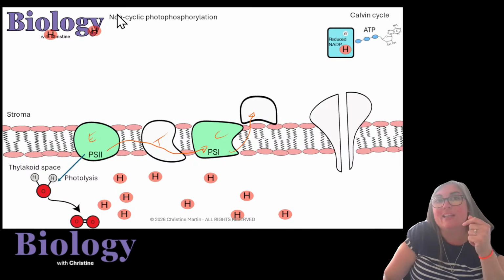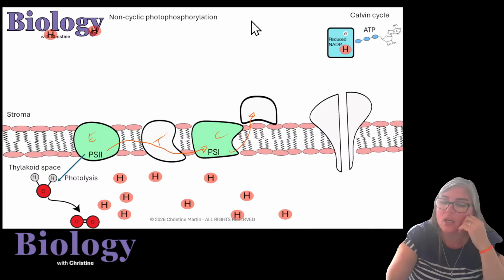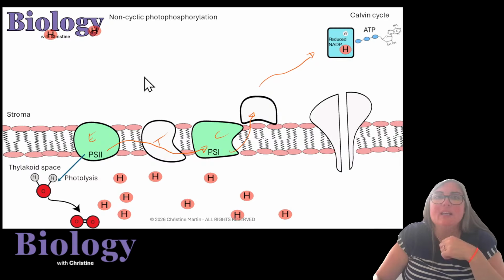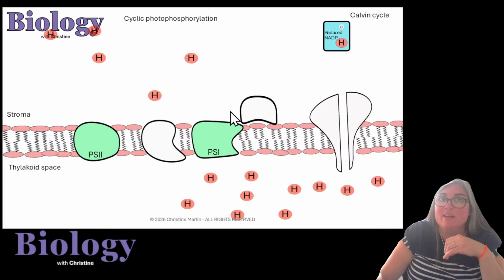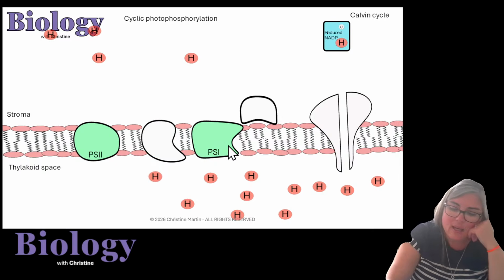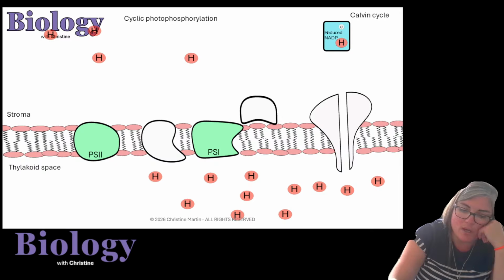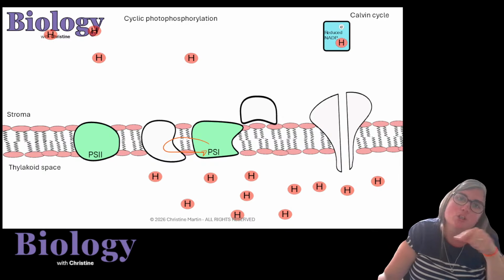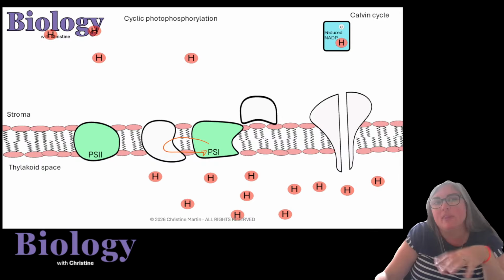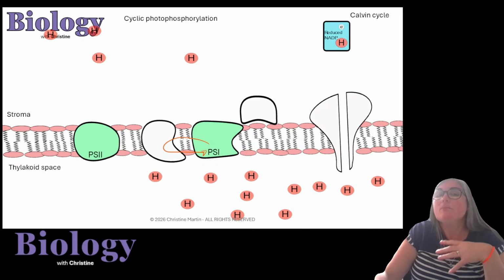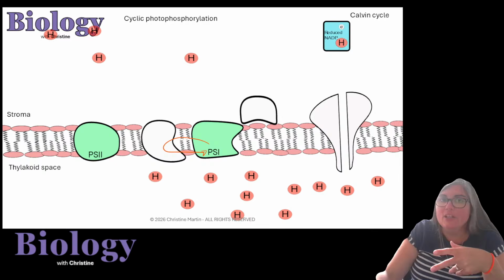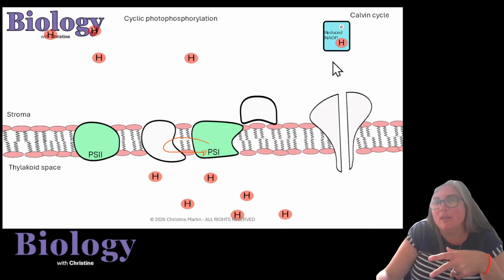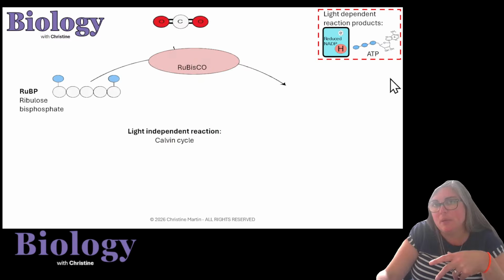And so therefore it is non-cyclic photophosphorylation because there is no cycling of the electrons, whereas in cyclic photophosphorylation, we're going to only use photosystem 1, and because we're only using photosystem 1, we are therefore cycling the electrons back through the electron transport chain from photosystem 1 to photosystem 1, and therefore that is going to allow for the hydrogen ions, and allow for chemiosmosis, and allow for the ATP production.